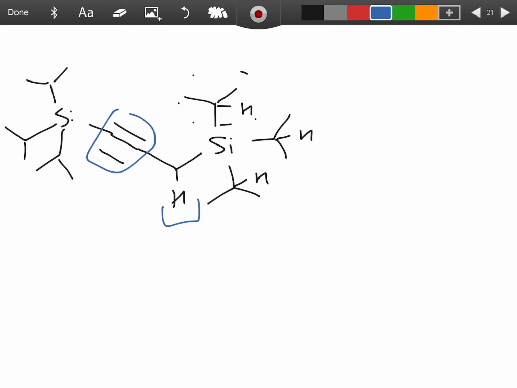So a combination of having really big isopropyl groups all over your silicon, combined with this hydrogen being beside an alkyne, is going to make it so we protonate this hydrogen and not any of the other hydrogens on the molecule. So then that's going to lead to only this anion being formed.